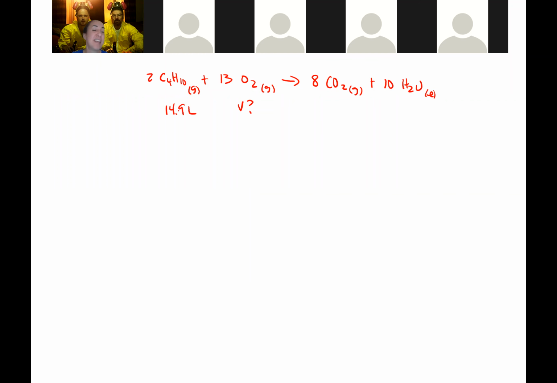Can anybody tell me where to start, how to do this? And by the way, as a preface, this is a one-step problem. So it's not hard. You just have to learn to understand what they're asking and try to apply the stuff that you've learned.